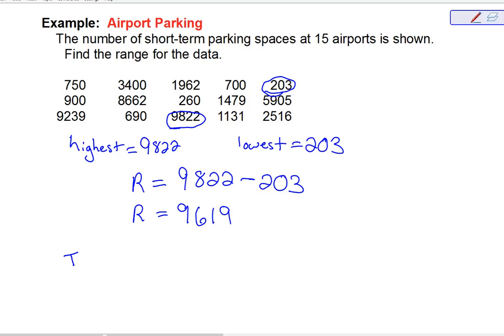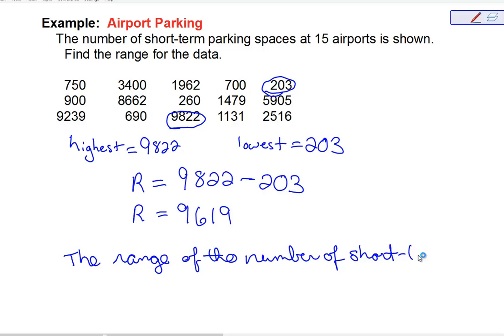So the range of the number of short-term parking spaces is 9,619.